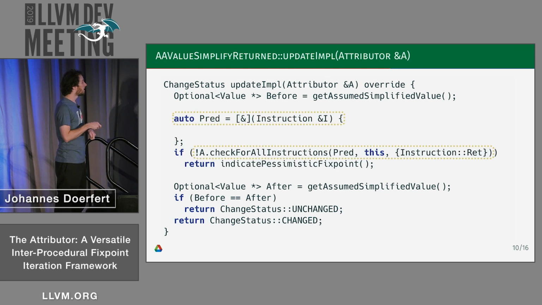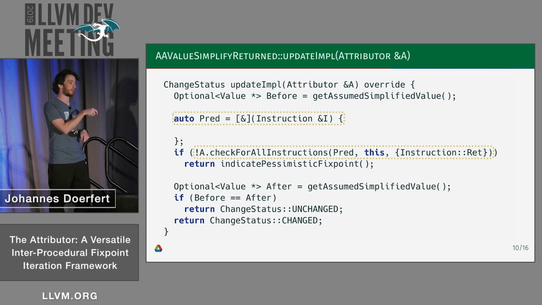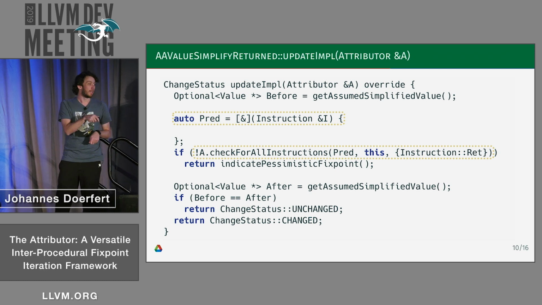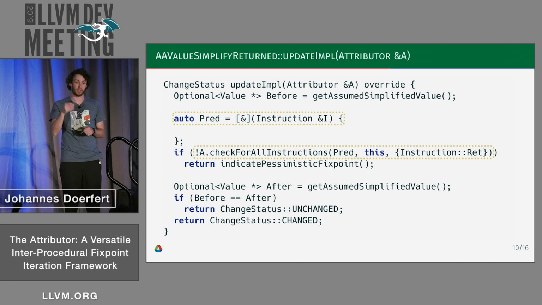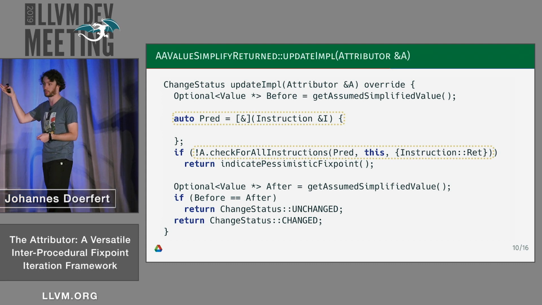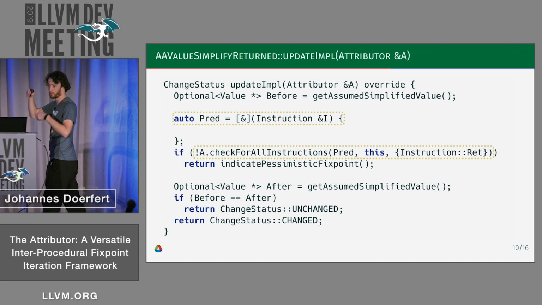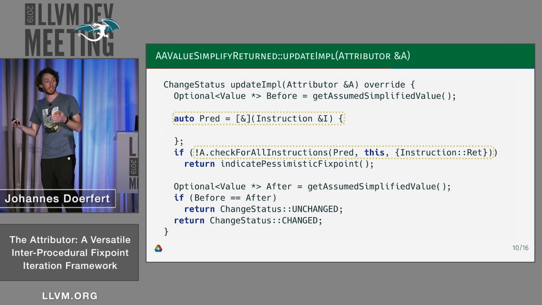It is whatever is returned: you look at all the return instructions, ret, and you look at what their operand is. If all of the return instructions agree on what value you return, that is the value returned. If all of them return 5, or the simplified version of them is 5, it's 5.